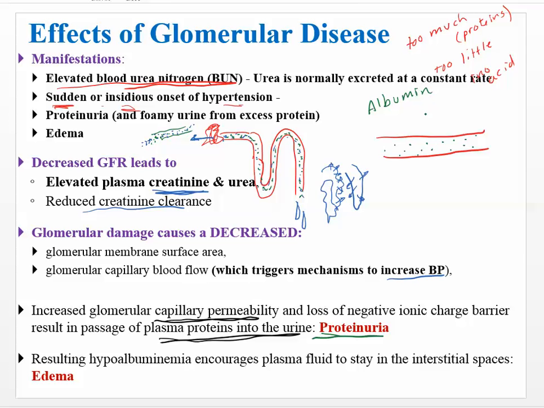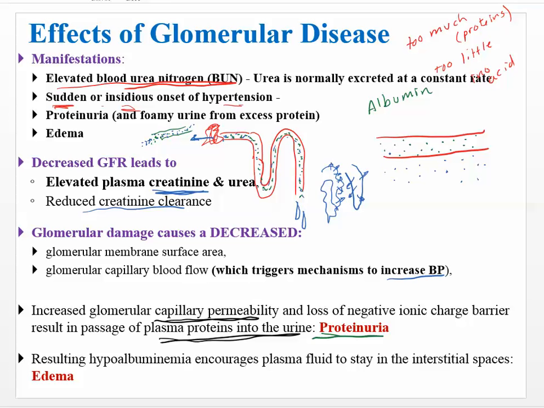Now, albumin's main function in the blood is to keep the osmotic pressure correct. So if the protein concentrations are the same inside and outside, then there's not going to be any net water flow.